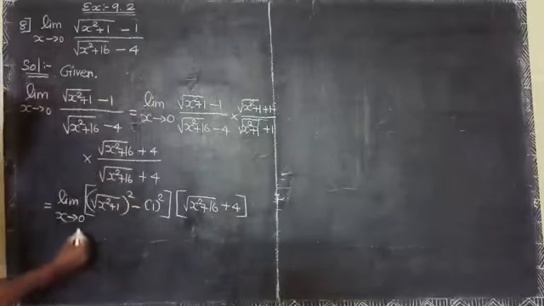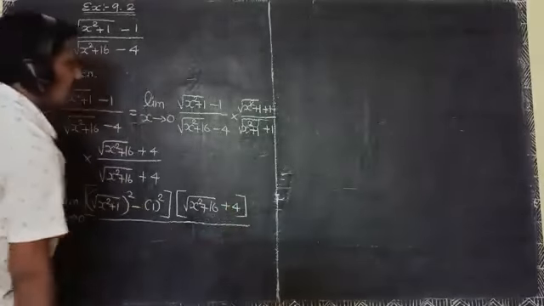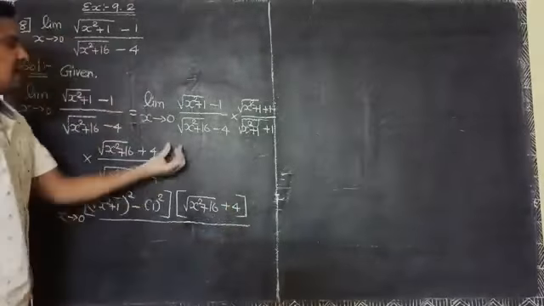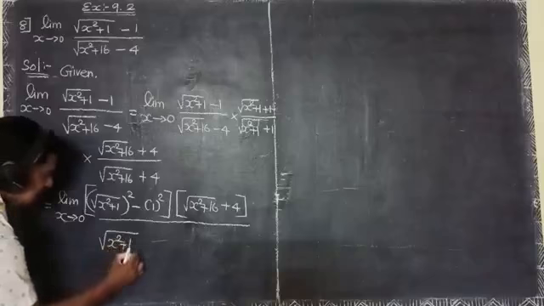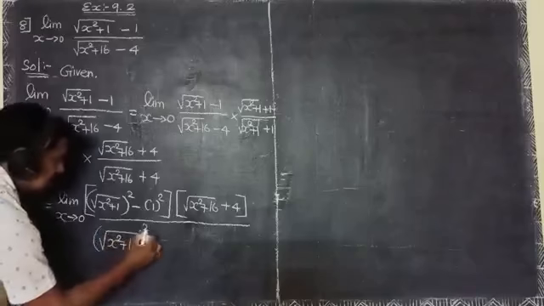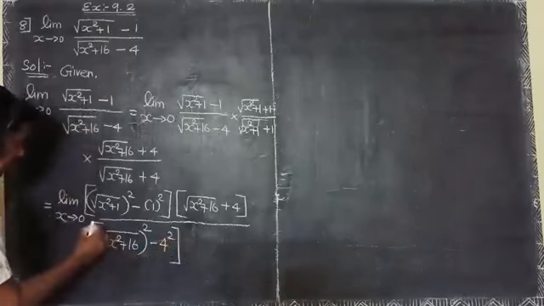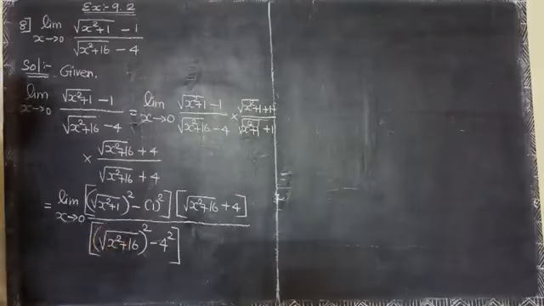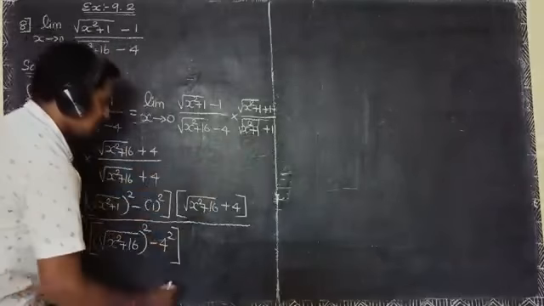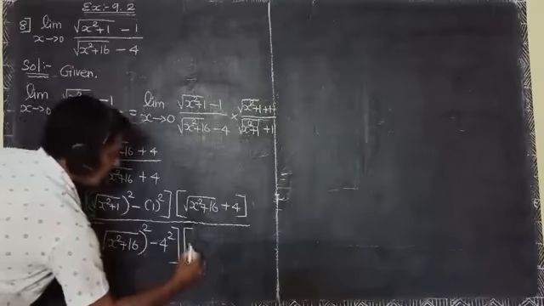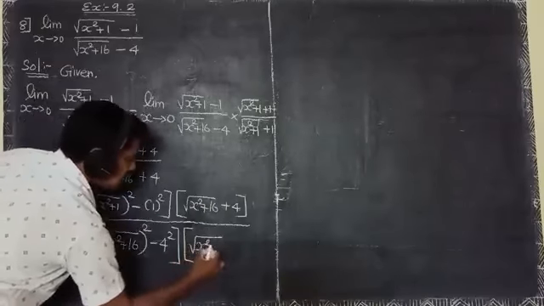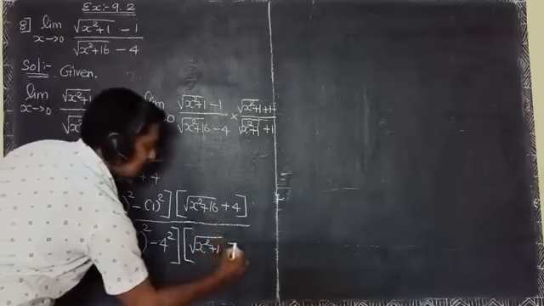The denominator is a minus b into a plus b, that is square root of x square plus 16 whole square minus 4 square. Then the other factor is square root of x square plus 1 plus 1.